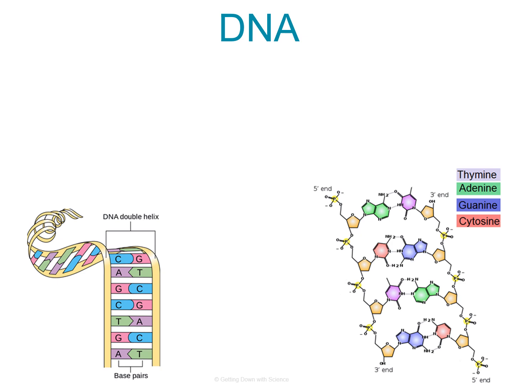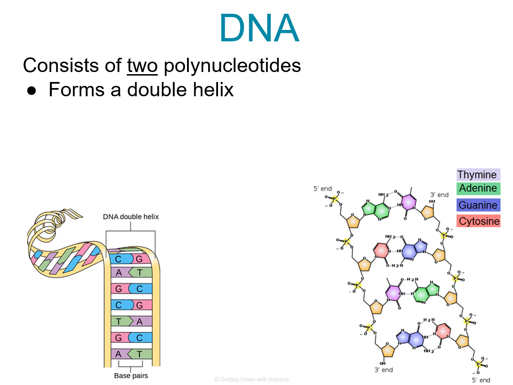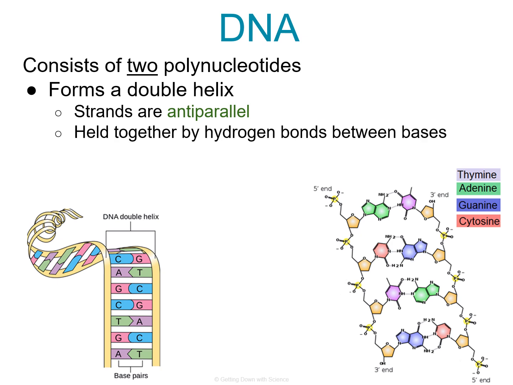So DNA consists of 2 polynucleotides. So 2 of those long chains coming together. And they form a double helix. These strands are anti-parallel, so they go against each other. One goes one way while the other goes the other. But they are held together by hydrogen bonds between the bases. We can see it here in our little image.